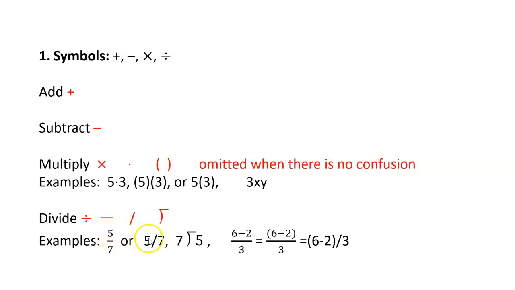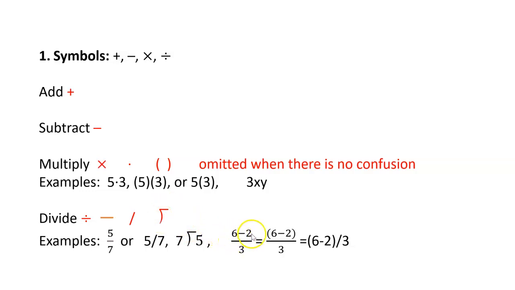So following the order, the top number goes first, 5 divided by 7. Or we could use this symbol, which is often used when we do long division. So we could have 5 divided by 7. But remember, the first number 5 goes in the box, and 7 goes on the outside of the box. In 5th grade, we learn how to do long division. This is the symbol we use.